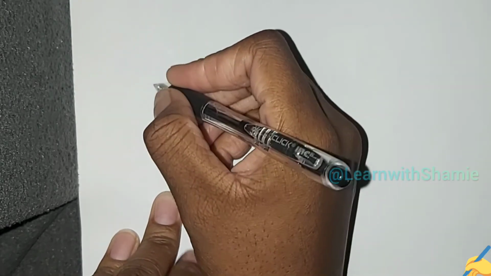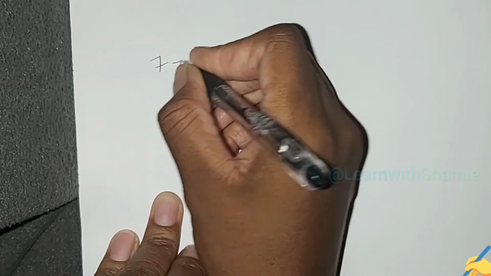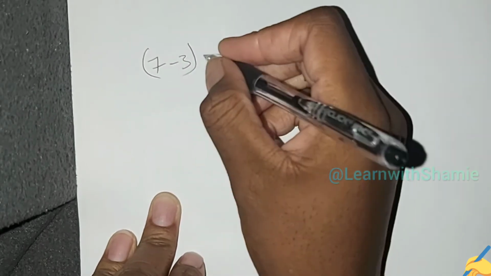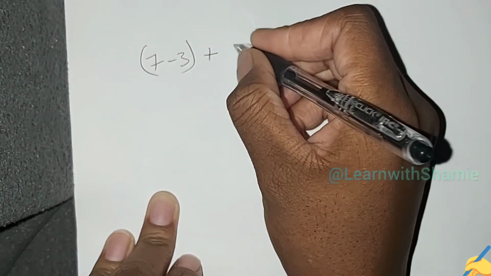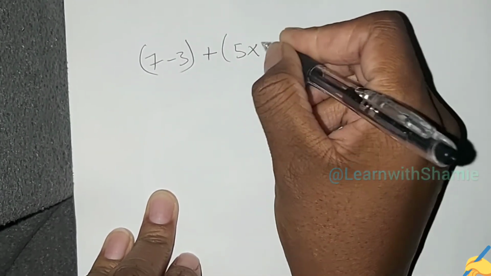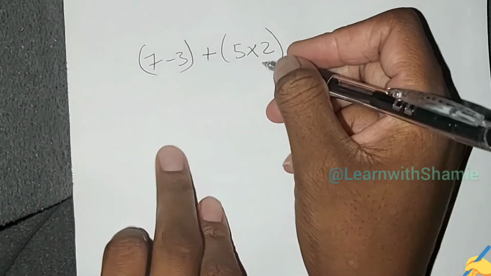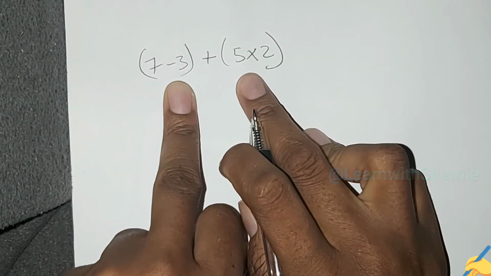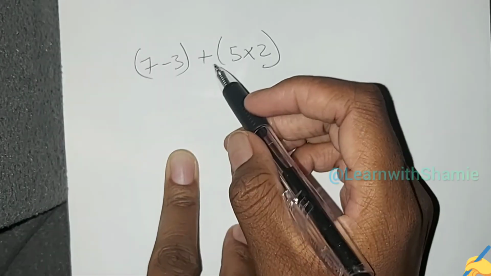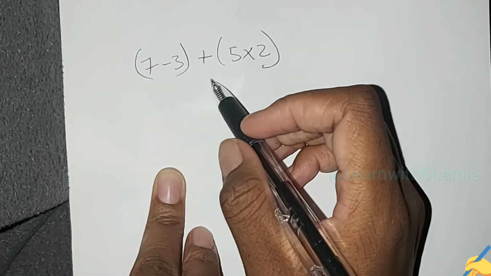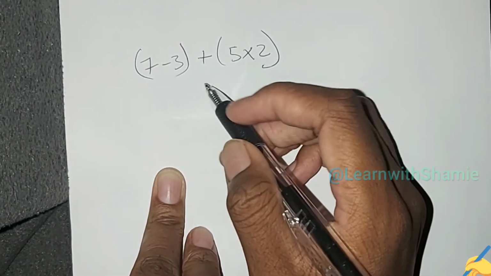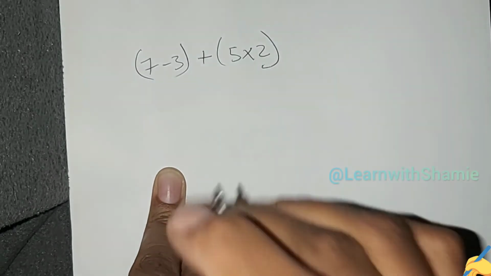So what if we get a problem that has more than one set of parentheses? For example, (7 minus 3) plus (5 times 2). Here we have two sets of parentheses. So in this equation, we have four numbers and 3 operations.